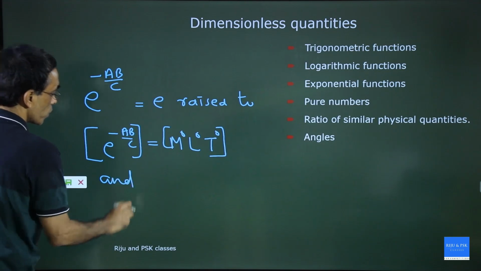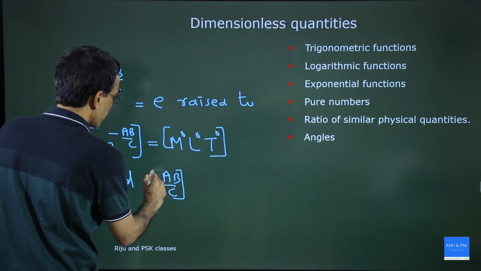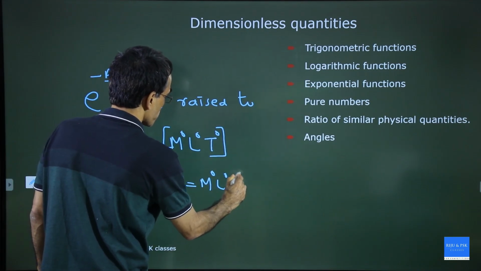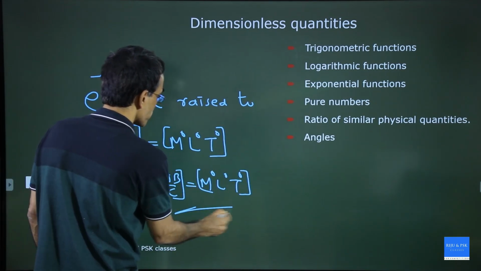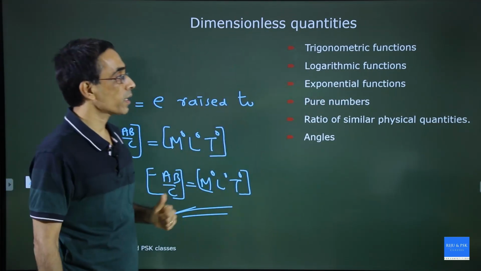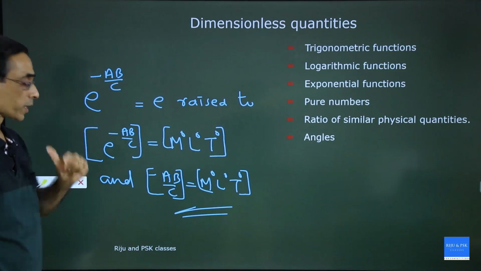And also this minus ab by c is also M0 L0 T0. So exponential function and the power of that function are dimensionless. Very important for solving problems. Okay.